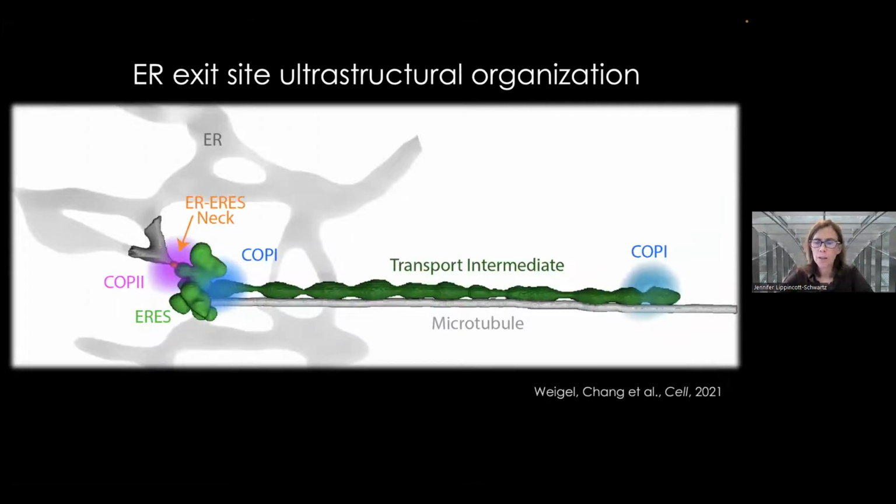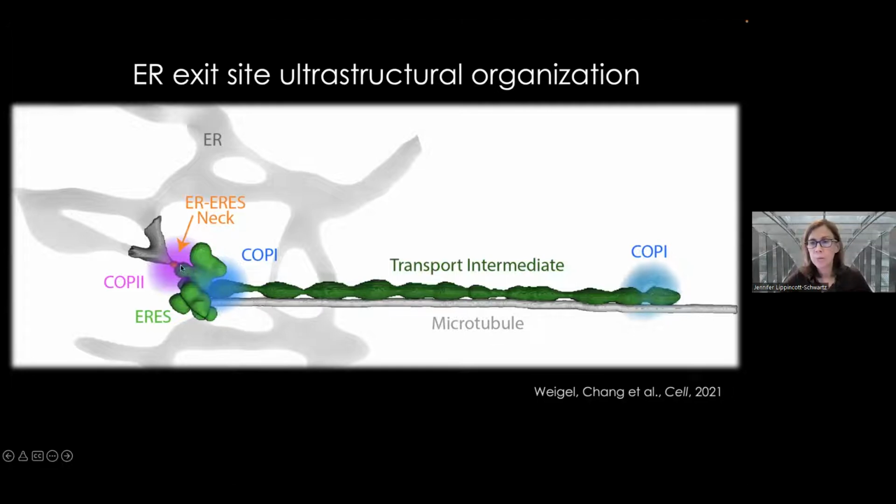So here's our model for ER exit site ultrastructure organization that was only possible because of this whole volumetric reconstruction of the secretory pathway. Basically, we see this ER exit site, which is this pearled membrane tubule structure that is emerging from the endoplasmic reticulum.